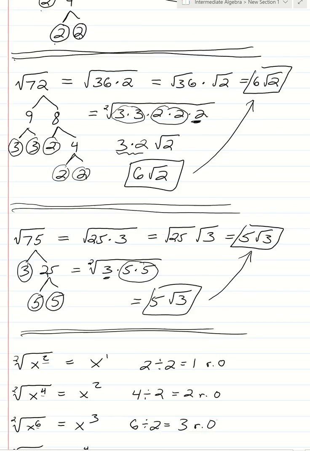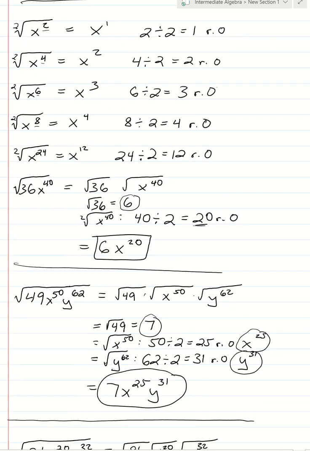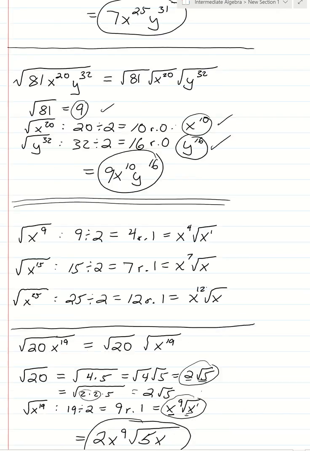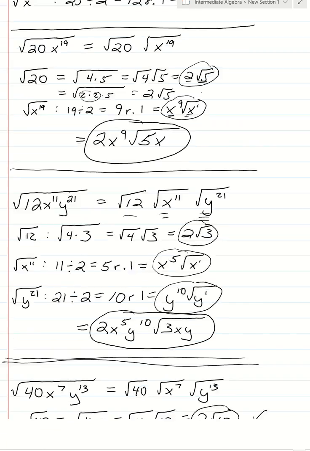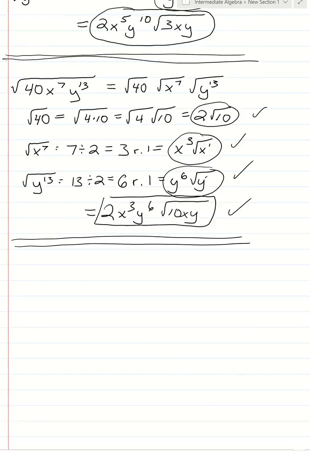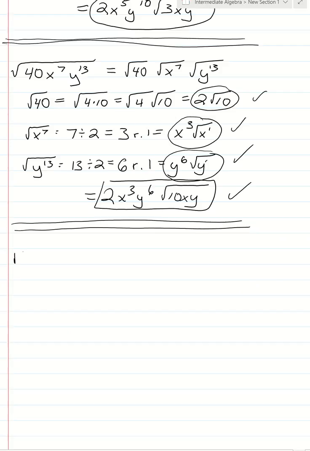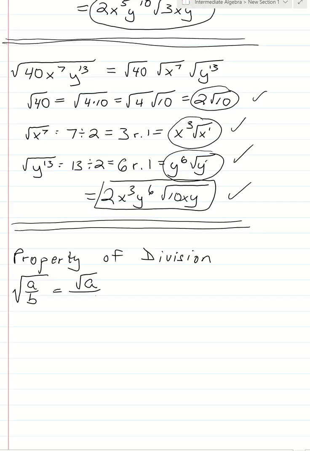Well, believe it or not, and I got no reason to lie to you, we also have a similar property when it comes to division. The property of division tells us that the square root of a over b equals the square root of a divided by the square root of b.